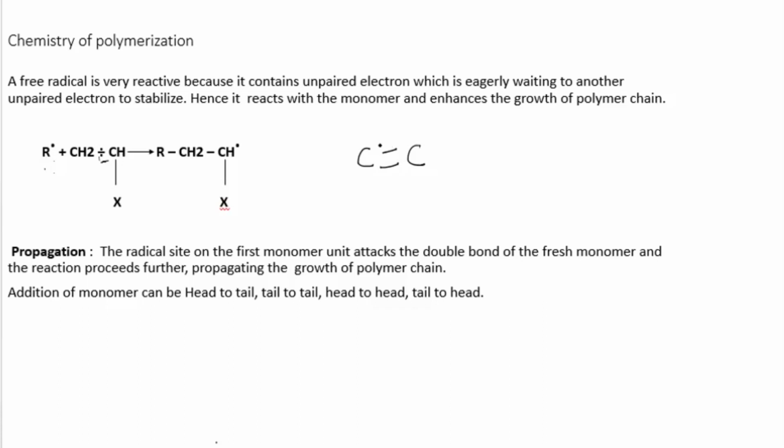This double bond contains pairs of electrons. In the case of a double bond, one pair of electrons exists as sigma electrons, which can be denoted as a dash, and the other pair exists as pi electrons, which can be denoted as two dots.